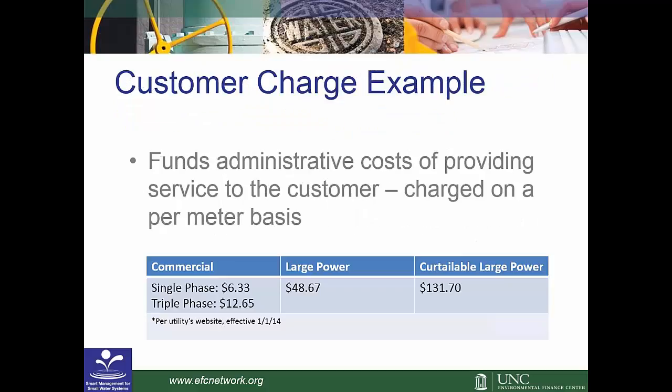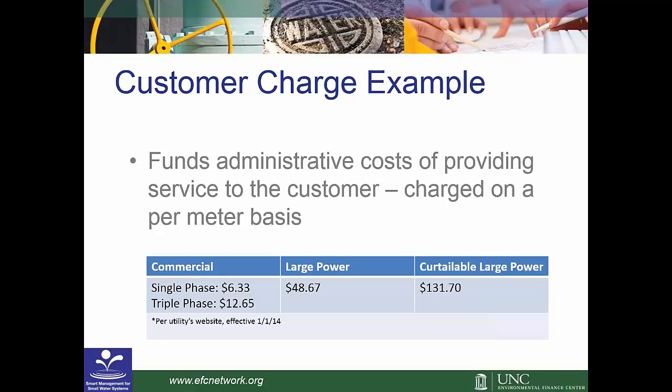So here's a quick example. This is from an electric utility that we have seen some of their rate structures and customer bills, and they have a commercial rate class where there's either a single-phase or triple-phase electric connection, and the customer charge goes according to that.